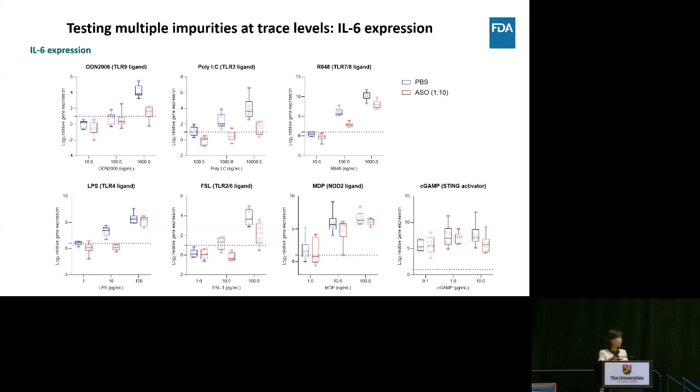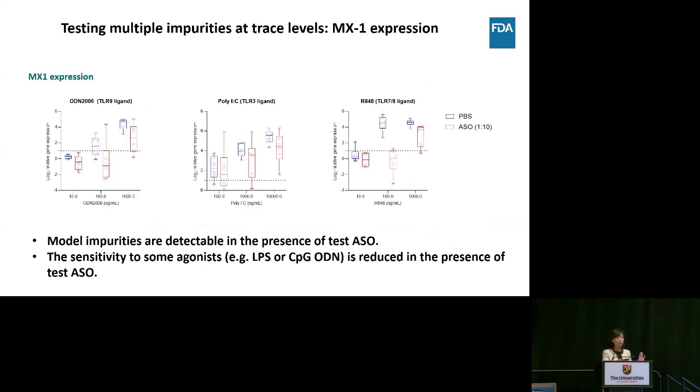The assay sensitivity, we can talk about a little more. Poly-IC, for example, without ASO, we could detect up to 1,000 nanogram per ml of poly-IC in our RMI assay, but with ASO, we could not detect it by IL-6 expression levels. Interestingly, when we checked MX1 expression, we could detect it.